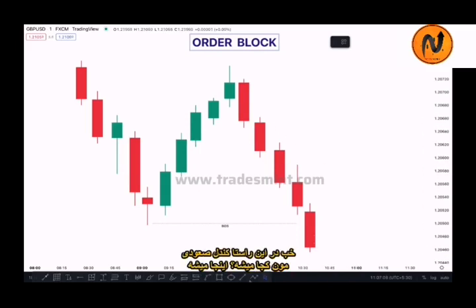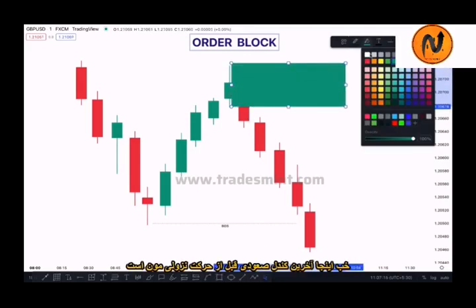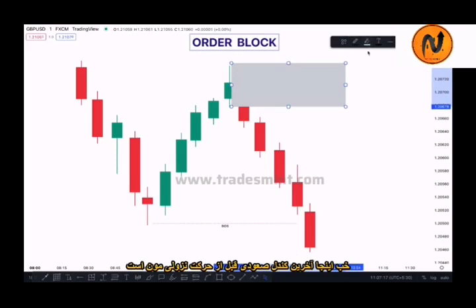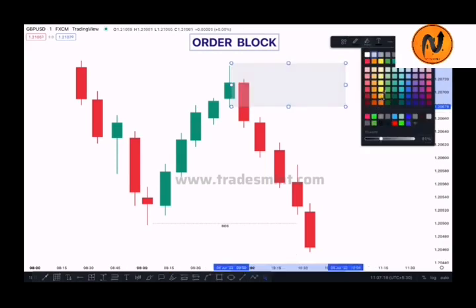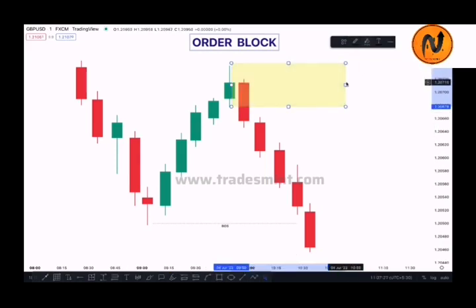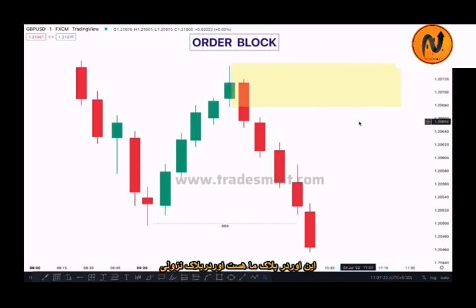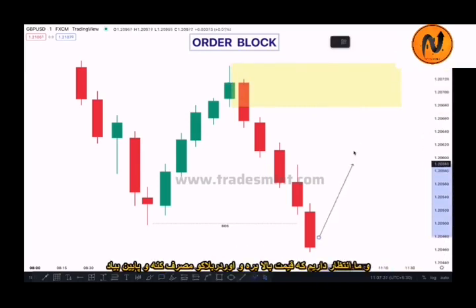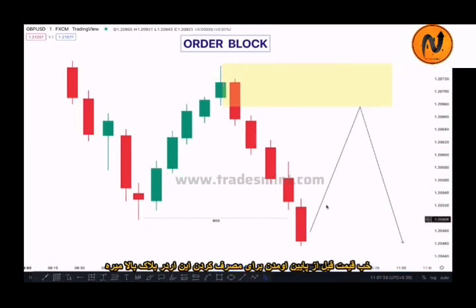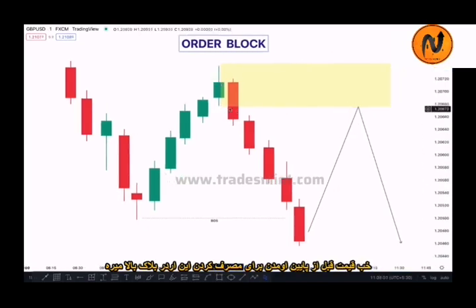So in this case, what is the last buying candle before the sell, which is here, right? So this is our last buying candle before the sell, correct? So this is our bearish order block, and we will expect price to go higher and then push downside to fill this order block, right? So price pushes higher to mitigate this order block before going downside.